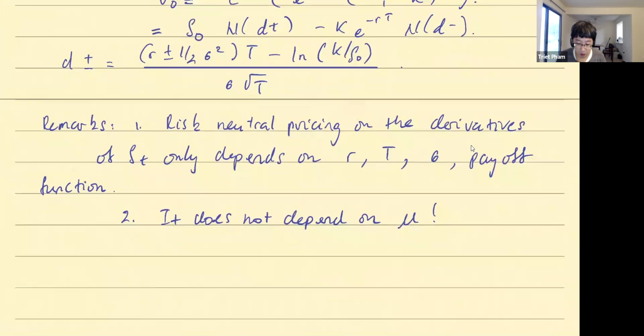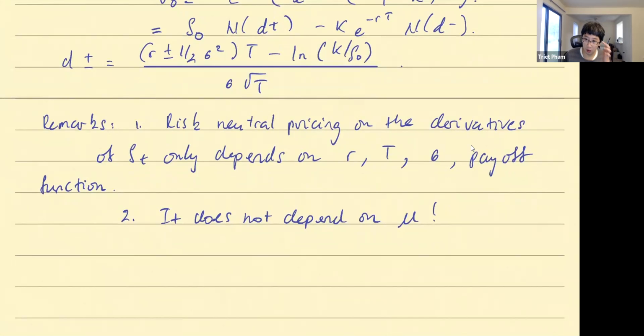So this leads to something that is a bit non-intuitive if you work out some examples. By the way, the reason for this is quite simple. The reason is, at least mathematically, the rate of return under the risk neutral framework is R. So there's no mu involved.